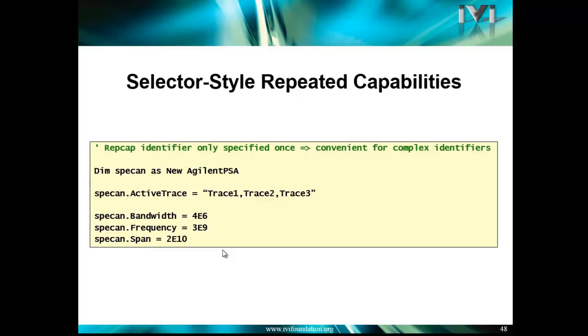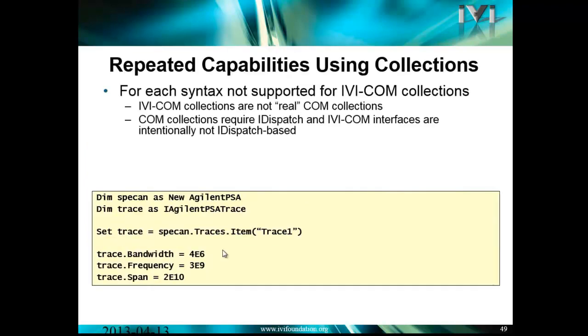So in this case, we're setting the active trace in a spectrum analyzer to be traces 1, 2, and 3. So when we change the bandwidth or the frequency of the span, we're really impacting all of the traces, not just a single one. So again, since it's a string, it doesn't matter much whether it's a selector style or a collection style, but it is worth noting the difference.